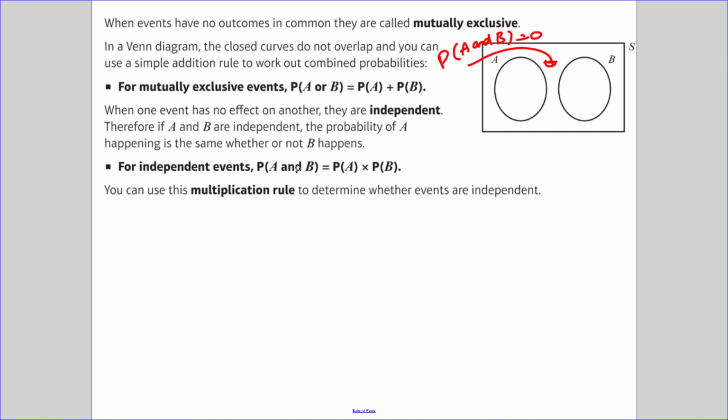So here we have probability of A and B is probability of A times probability of B. We've done this quite a bit at GCSE when you have two things and you multiply the two probabilities to work out the probability of this happening and this happening. You might have heard in probability they say if it's an and thing you multiply them together. This is only true if they don't affect each other.